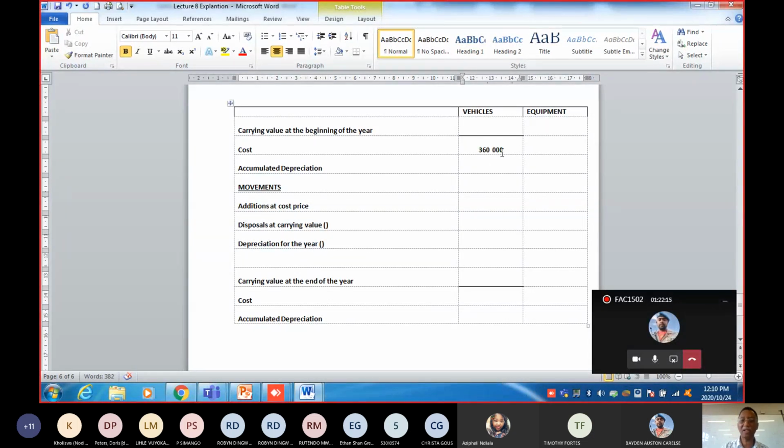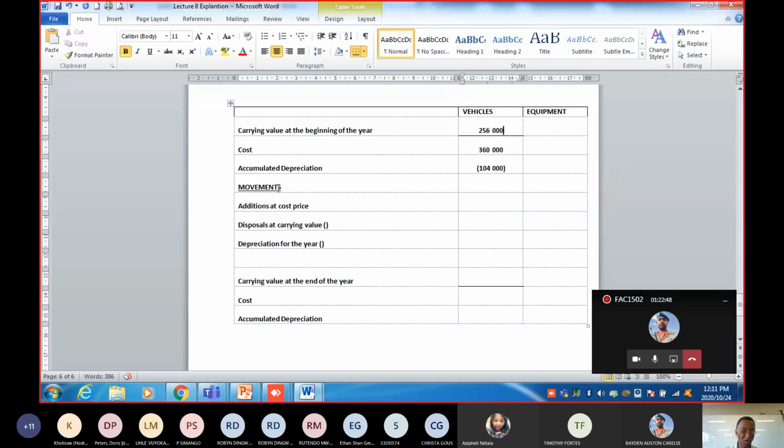And the accumulated depreciation was 104,000 rand. That was the situation in the books of the business at the beginning of the financial year. And your carrying value is the amount of 256,000. Carrying value is cost minus accumulated depreciation.